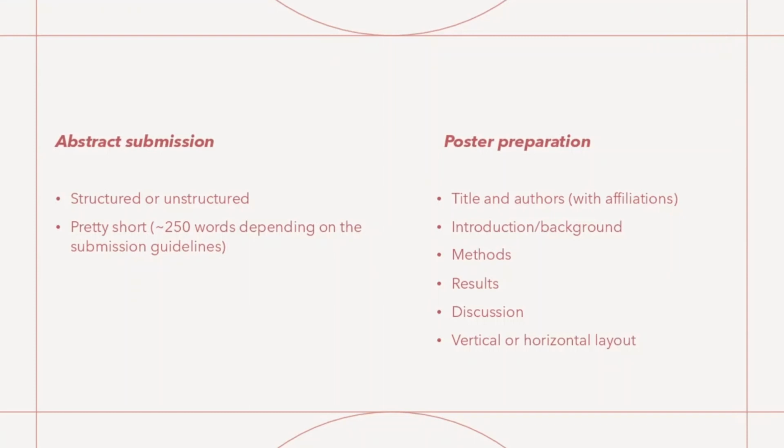But you should remember that, roughly speaking, these are the main sections which will be required when preparing a poster. The layout of the poster can either be vertical or horizontal, but this, as I mentioned to you before, really depends on the specific guidelines of the event.